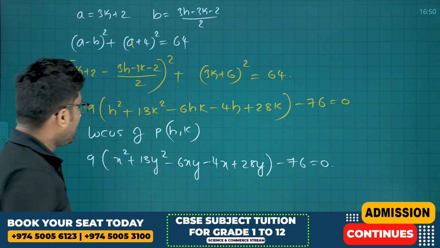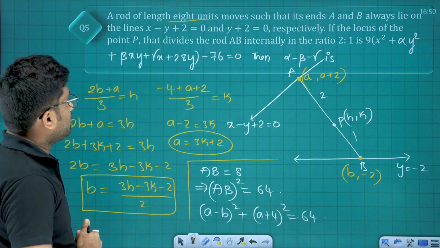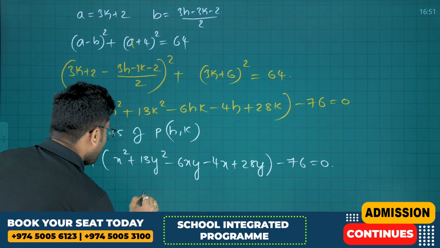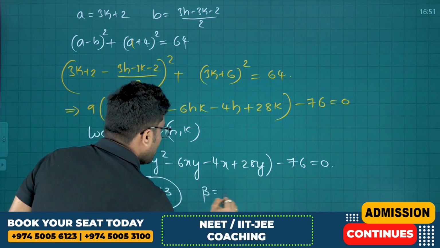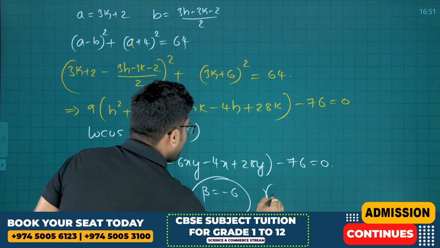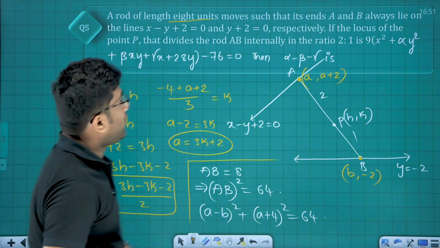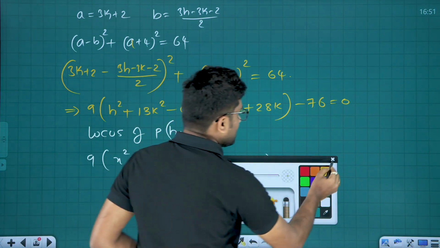So if you compare this with the given equation, alpha, beta, gamma: coefficient of y square, alpha is equal to 13, beta is equal to minus 6 and gamma is equal to minus 4. They are asking us to find alpha minus beta minus gamma.